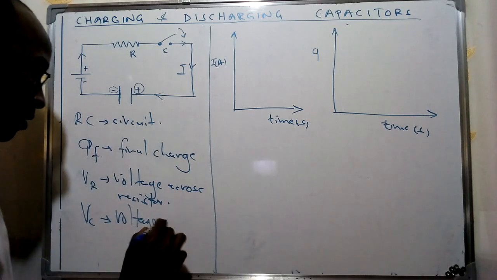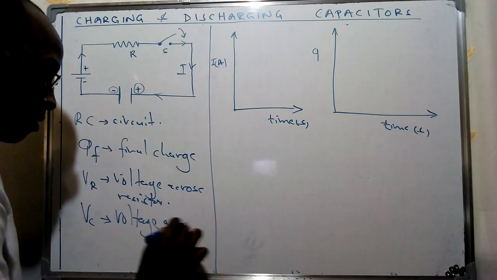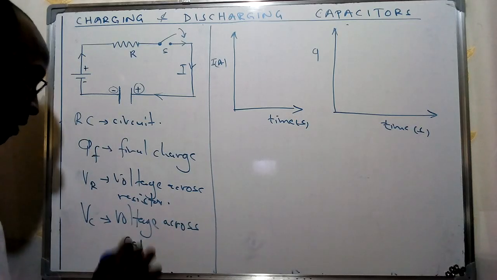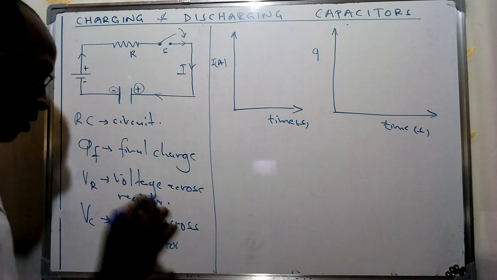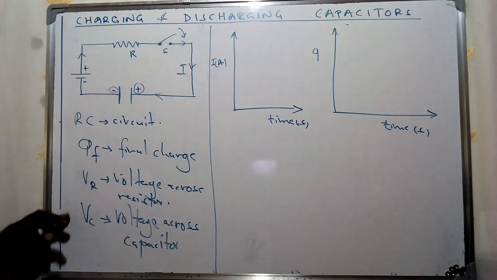So this is going to be the voltage across the capacitor, given those two specific illustrations.